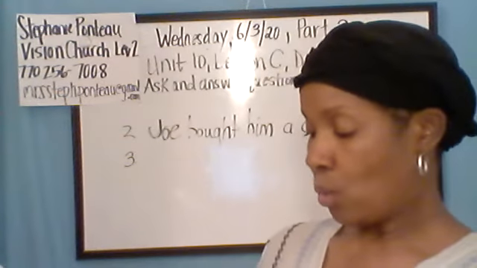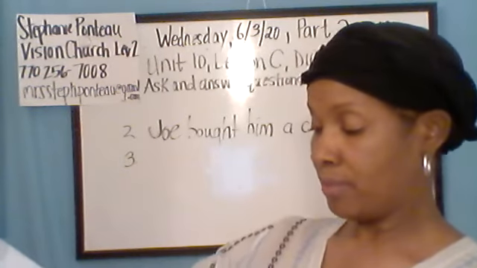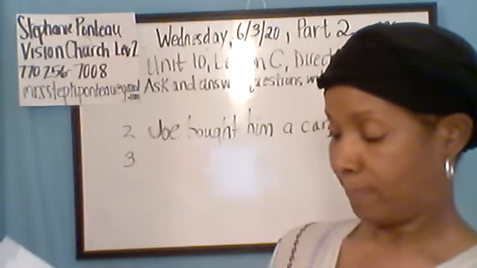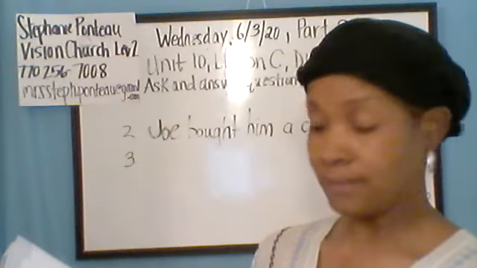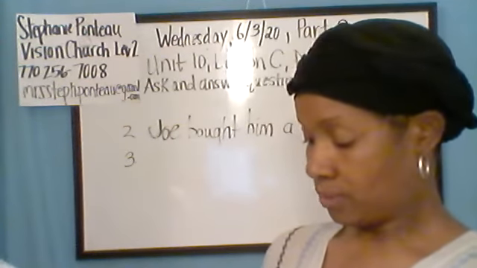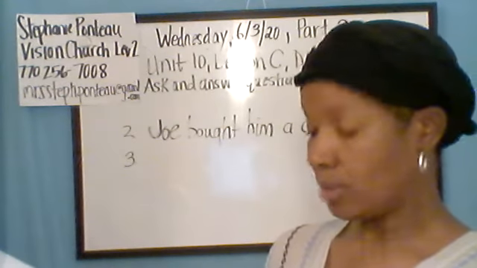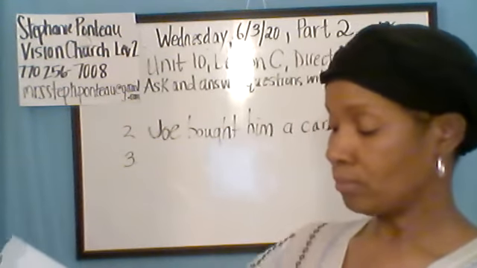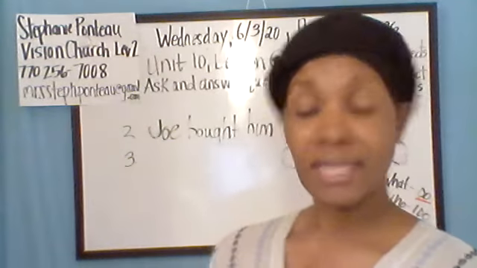Number 5, what did Joe give Eva? Look up here at number 5. Joe gave her roses. Number 6, what did Joe send Paul? Joe sent him an invitation.